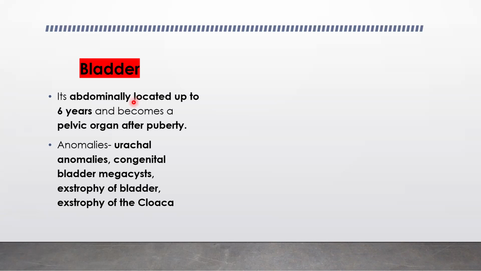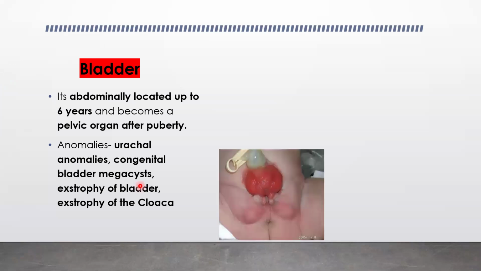Some of the anomalies of the bladder that we have are urethral anomalies. You can have congenital bladder megacysts, which are diverticula of the bladder. Then you'll have exstrophy of the bladder, and exstrophy of the cloaca, also known as cloacal exstrophy. Those are two anomalies that we'll appreciate.